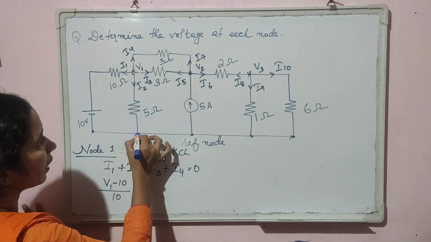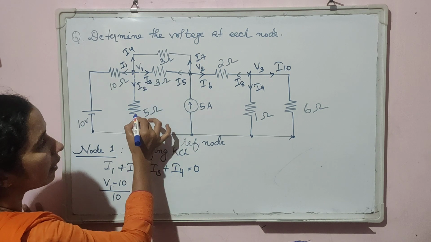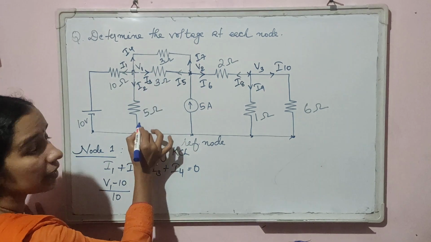I2 is the current through this branch, so the voltage across this branch divided by resistance, that is V1 minus 0 divided by 5.